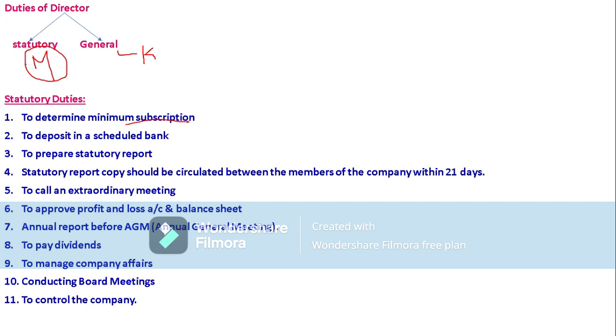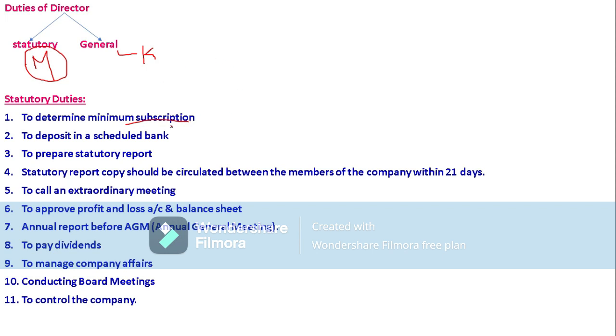Determining the minimum subscription means here the board of directors for every company, for example when they are issuing public subscription, definitely for each share there should be a price. So that minimum subscription is determined by the board of directors of the company.